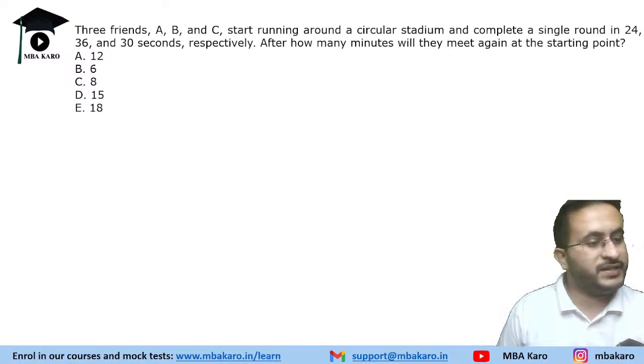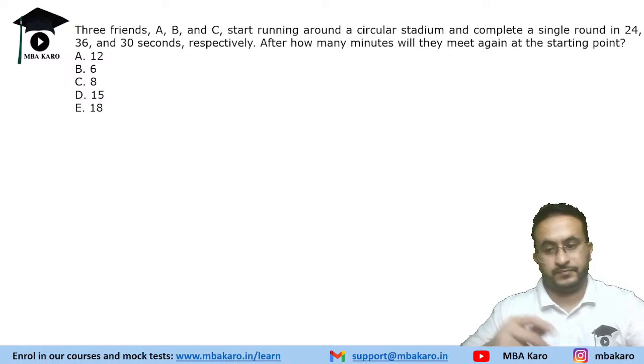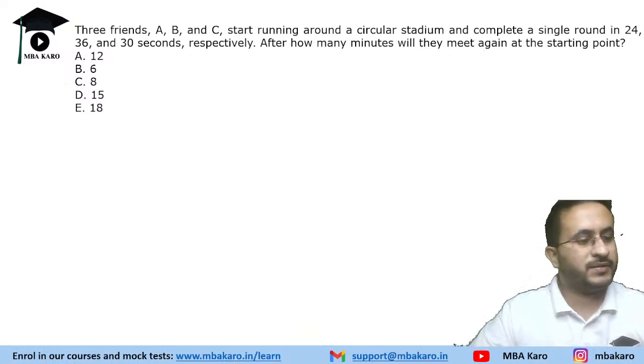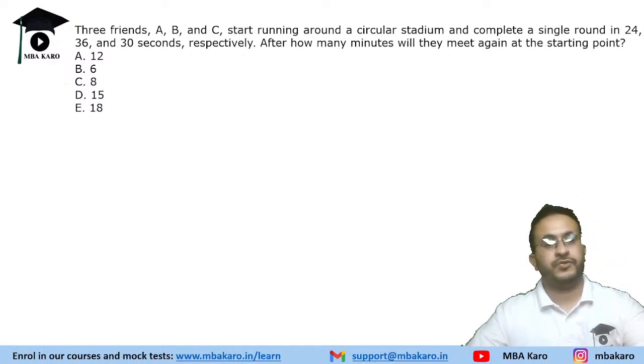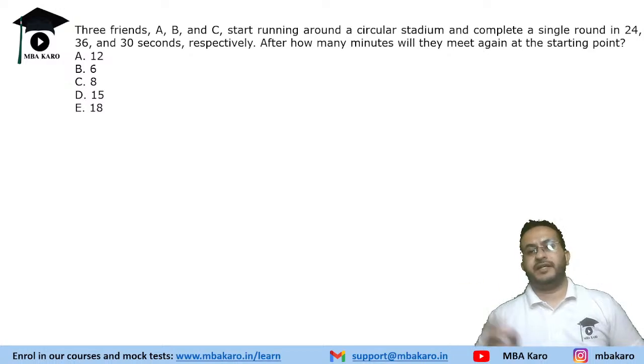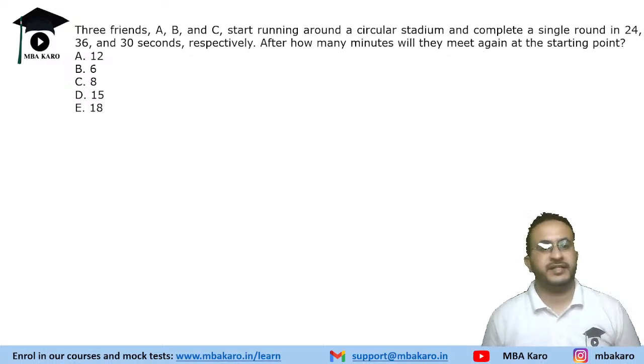Now this is an easy one. This is a typical LCM based concept. Three friends start running around a circular stadium and complete a round in 24, 36 and 30 seconds.